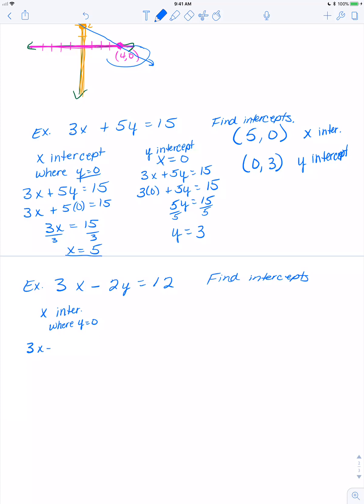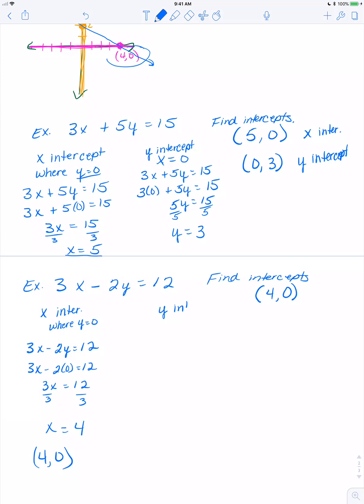So take that equation and set y equal to 0. And remember, you're looking for 2 ordered pairs. The first one is at 4, 0. X is 4, y is 0.